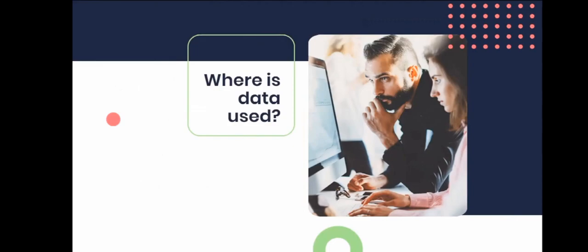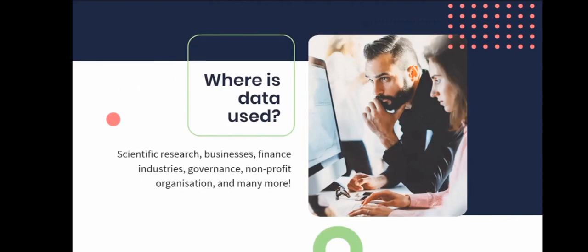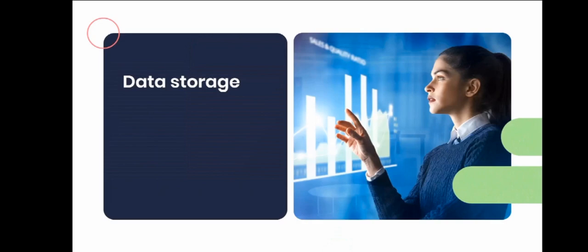We use data in a vast array of industries, and any other organization you can think of uses data. As a data analyst, you will analyze and report findings back to the industries that have collected the data. Where is this data stored?